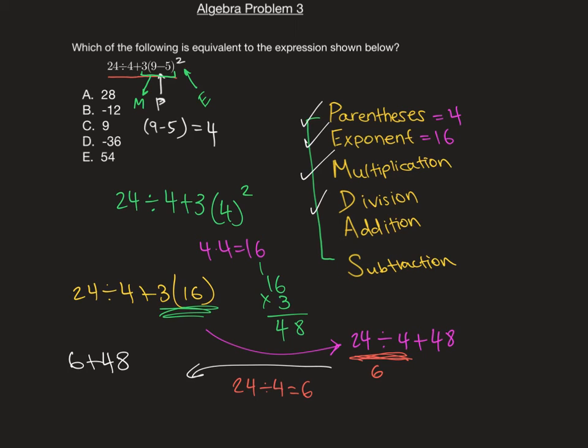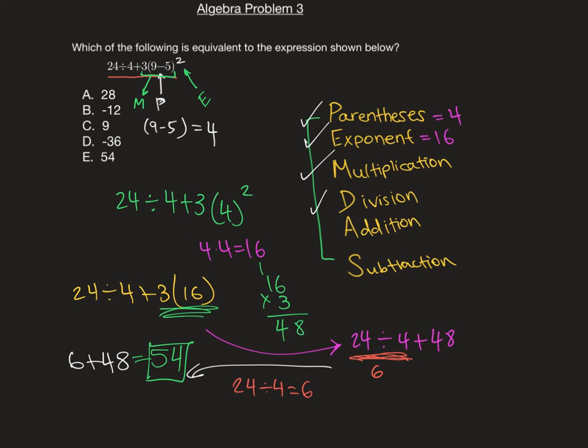Now, our next step in PEMDAS, is there addition? Yes, there is. Addition is right here. And what's 6 plus 48? That would be 54. Now we have no other operations to go through, so 54 is our final answer.